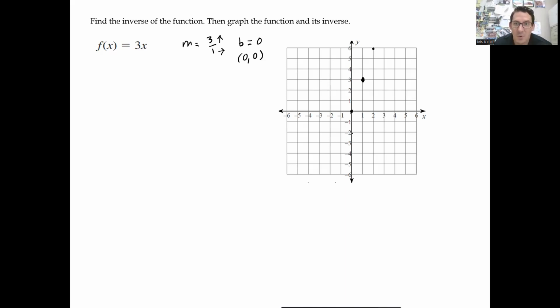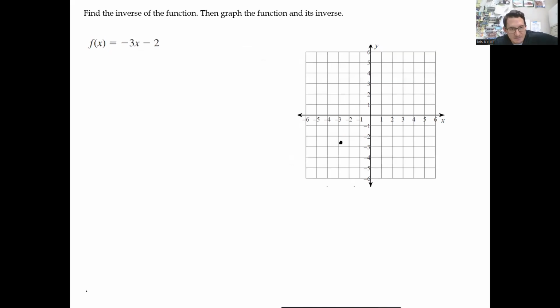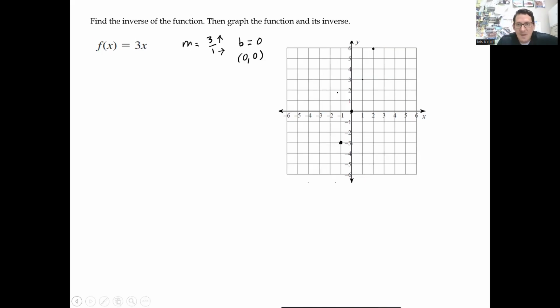So here I'm going to go down 1, 2, 3, left 1, opposite direction, and that point disappeared. Oh my God. Oh geez. There is a point. Okay. So here I'm going to connect the dots. So there is the original function.